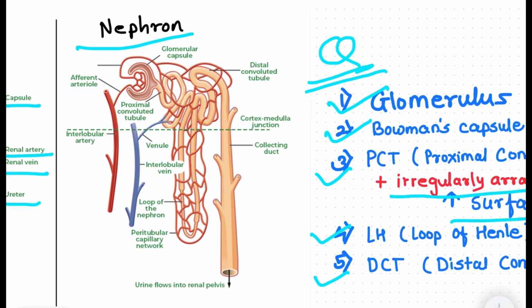So this is glomerular capsule, you can see glomerular capsule, and there is tuft of capillaries, which is afferent, which is bringing blood towards the kidney, and then efferent, which is taking blood from the glomerulus to the other part. Okay, this is venules and arterioles and all, and this one is proximal convoluted tubule.